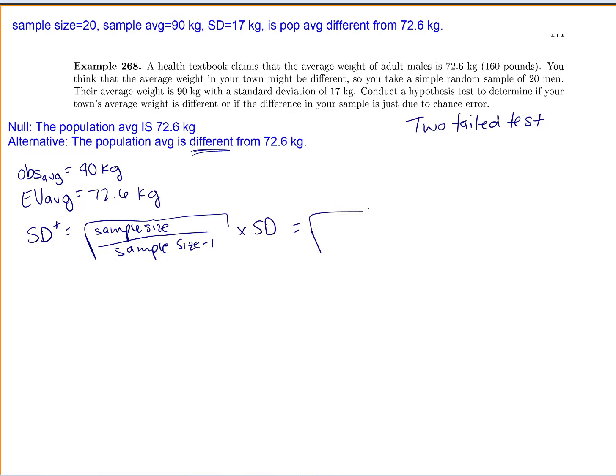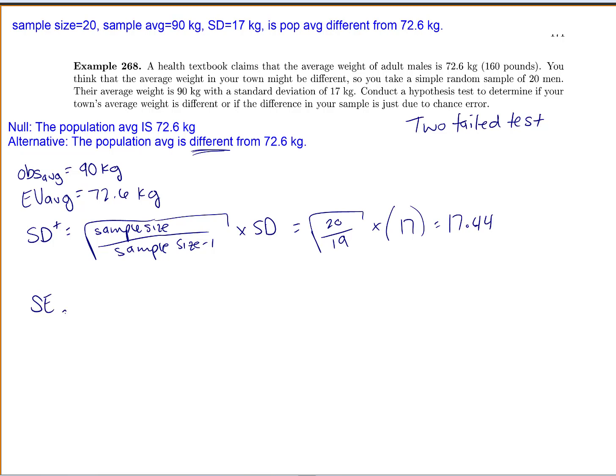So the square root of 20 over 20 minus 1, which is 19, times the standard deviation we got of 17, should give me 17.44. So it just inflates it a little bit.